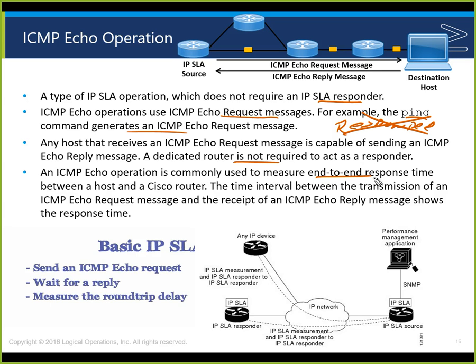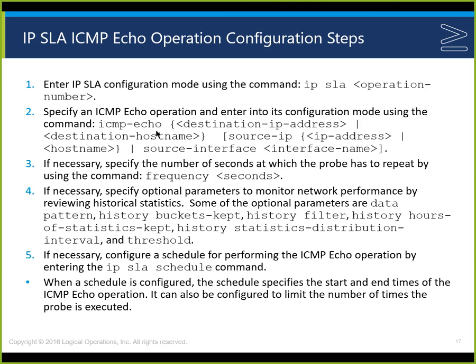It's commonly used to measure the end-to-end response time between the host and the router. The transmission of the echo request and the receipt of the reply shows the response time. So the basic IP SLA is send an echo request, wait for the reply, and measure the round trip delay. We're going to look and see what the delay is in these things. So a pretty basic, straightforward way to do a little test there.